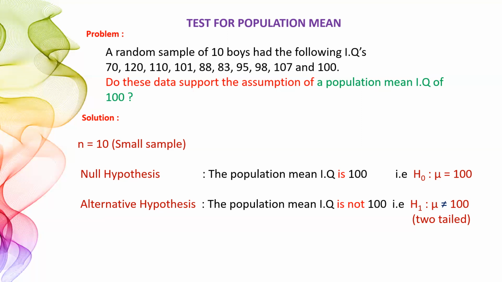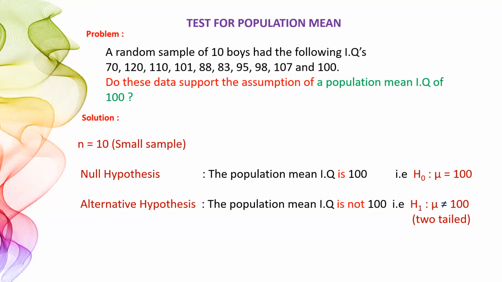Next is the null hypothesis. As I told you earlier, the null hypothesis should be of no difference. So your null hypothesis here is the population mean IQ is 100, that is, mu is equal to 100. Here mu means population mean. Next is the alternative hypothesis.